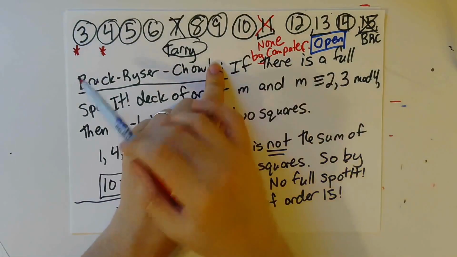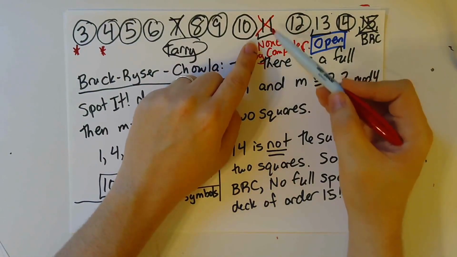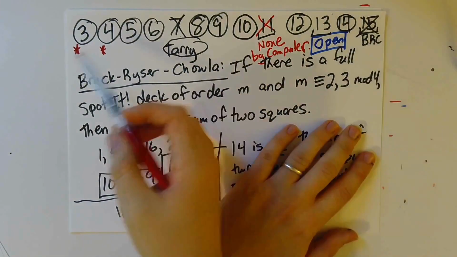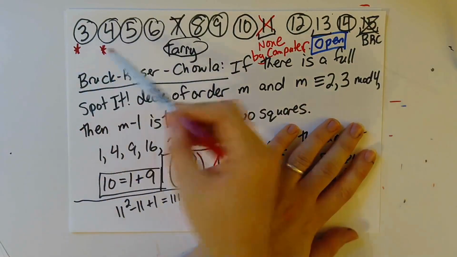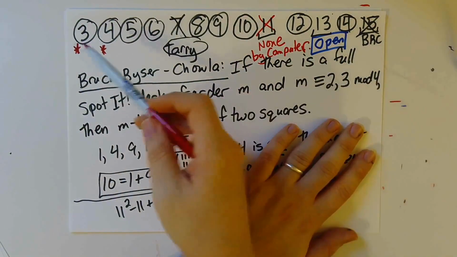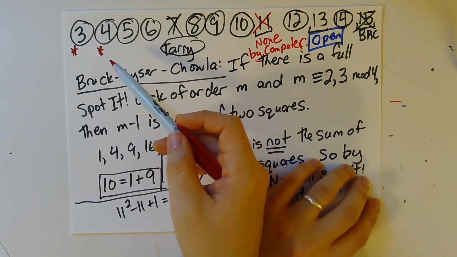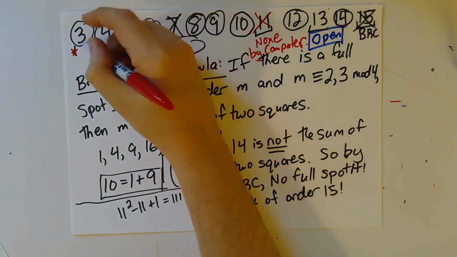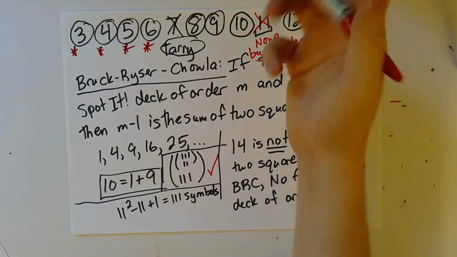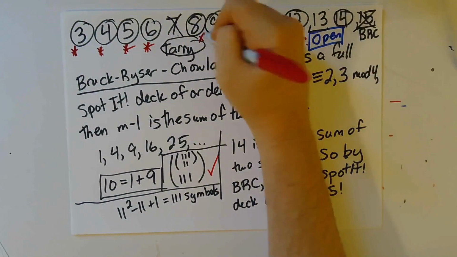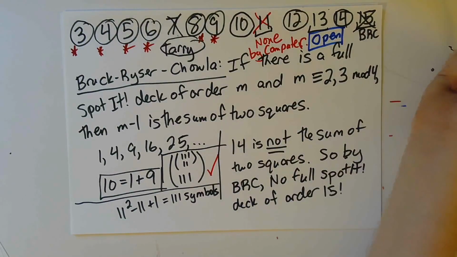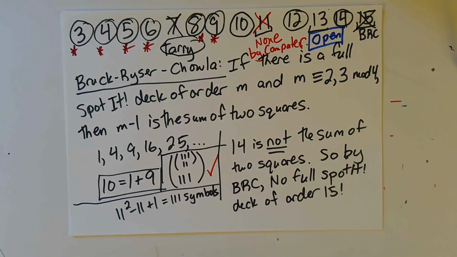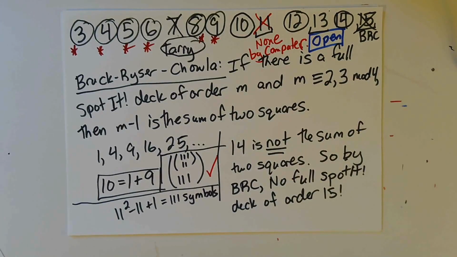And when I say that, I'm saying someone by computer, in much the way they showed that none exist here, found all the spotted decks up to this order, and found that all of them were isomorphic to one of the Desarguesian ones, for 3, 4, 5, 6. There just aren't any for 7 at all, for 8, for 9. And so maybe you're feeling good about the fact that the real theorem is that there are only the Desarguesian full spotted decks, and that actually sounds kind of natural and believable.